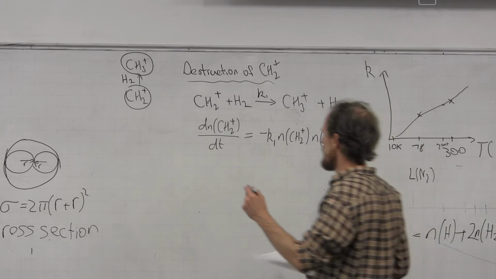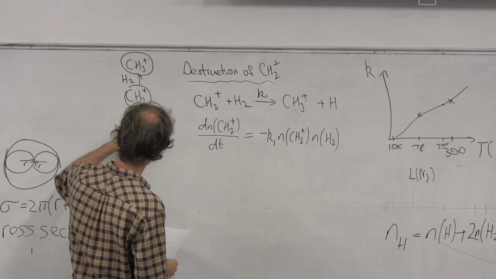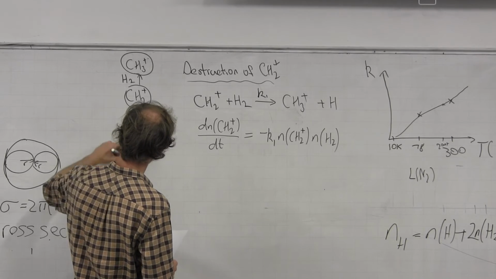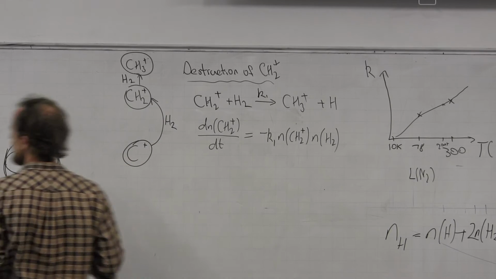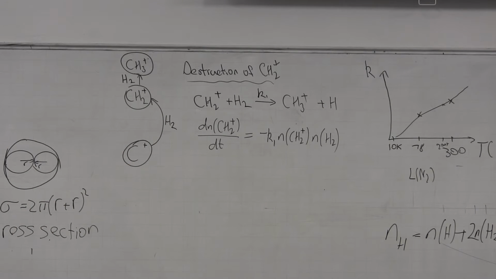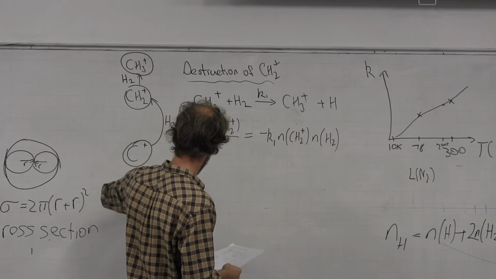Okay. The next one is this box and this arrow. We have, and this we can write in the same place.